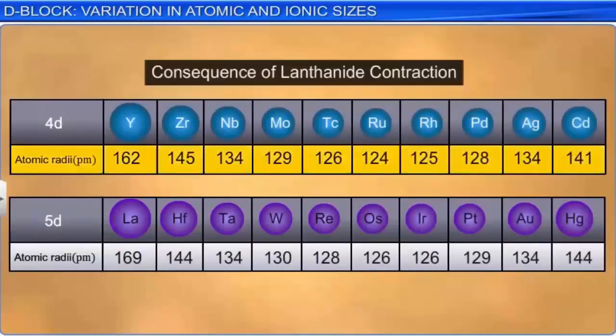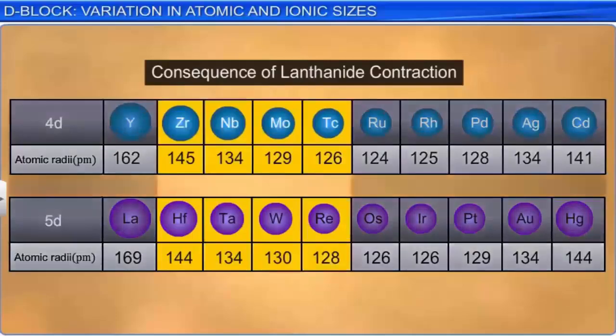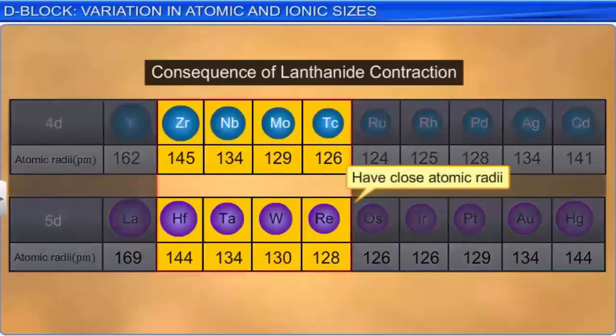For example, zirconium and hafnium, niobium and tantalum, molybdenum and tungsten, technetium and rhenium have close atomic radii and, therefore, have very similar physical and chemical properties.